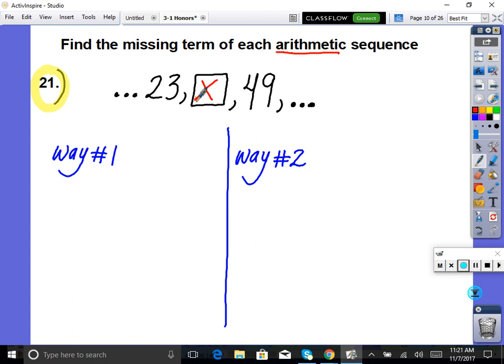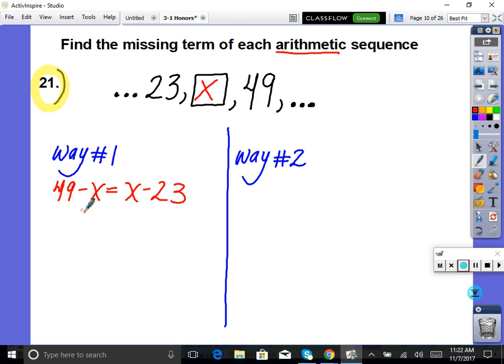Does everybody see? Now to solve, we need a true statement. Since it's arithmetic, there's a common difference. So wouldn't it be true to say this minus this will be the same as this minus this, and so on? So you'd say 49 minus x will be equal to x minus 23. And now you just have an algebra statement.